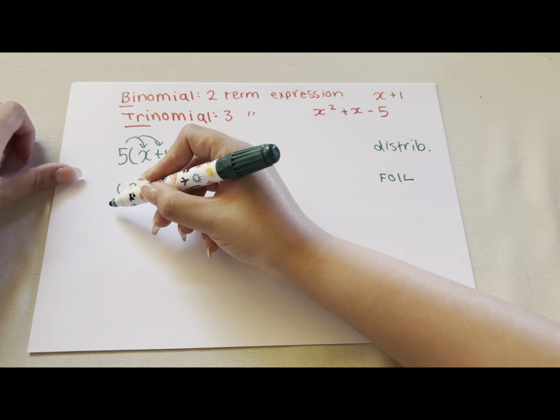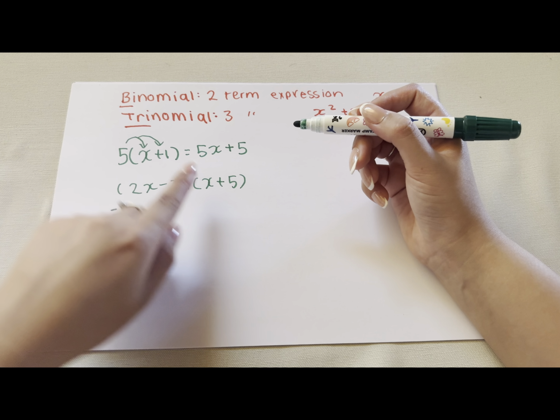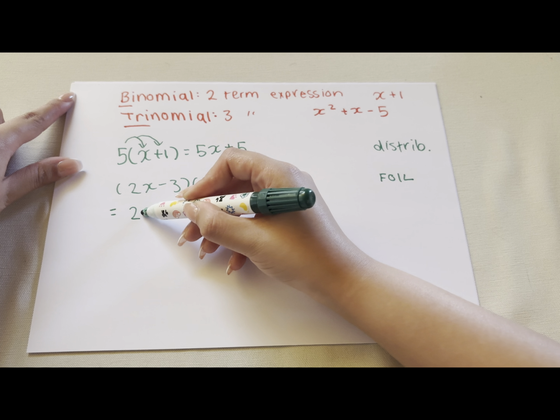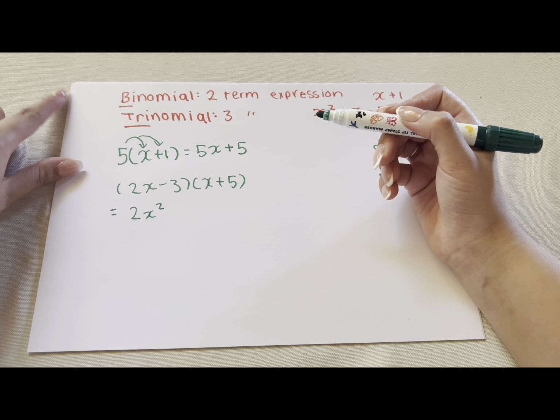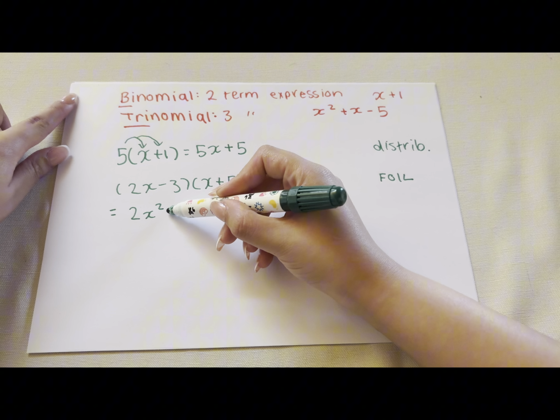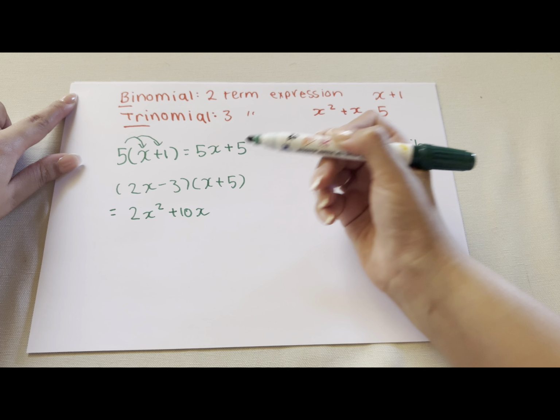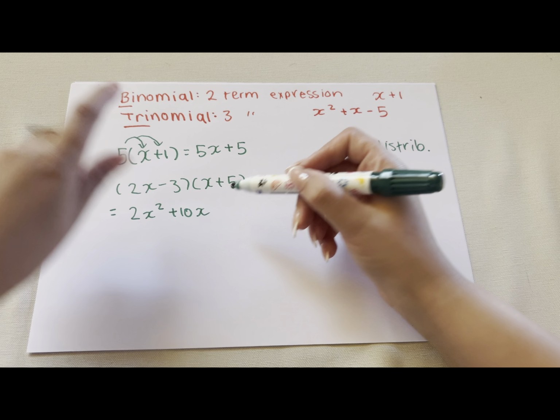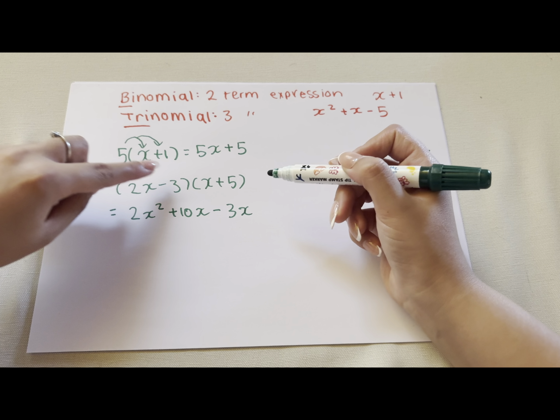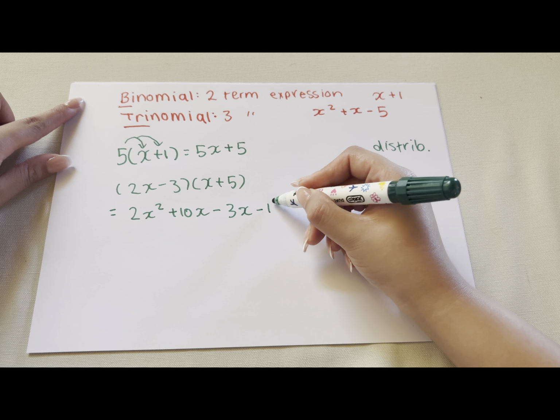The answer will look like this. 2x times x is 2x to the power of 2. 2x times 5 is 10x. The product of the inner two is minus 3x, and the last ones are minus 15.